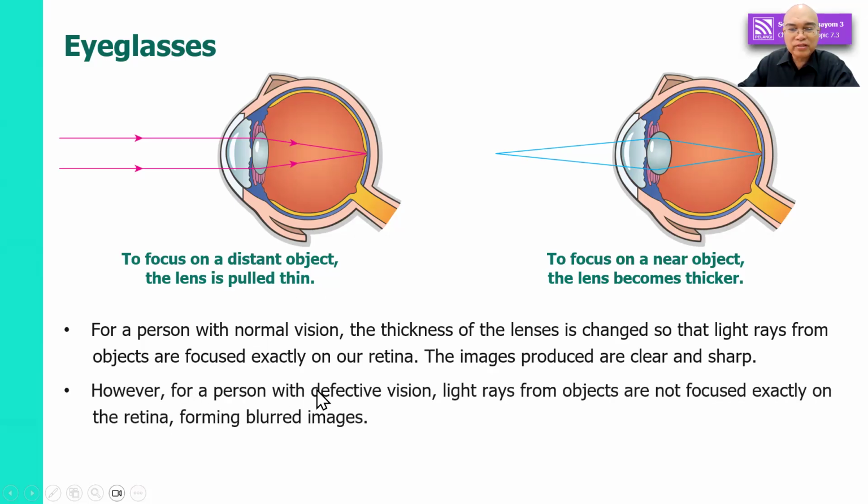However, for a person with defective vision, like me, light rays from the object, like these light rays, are not focused exactly on the retina, forming blurred images. So if the focal point here is focused somewhere right here, not on the retina, the image is blurred. That is why now I see blurred images.